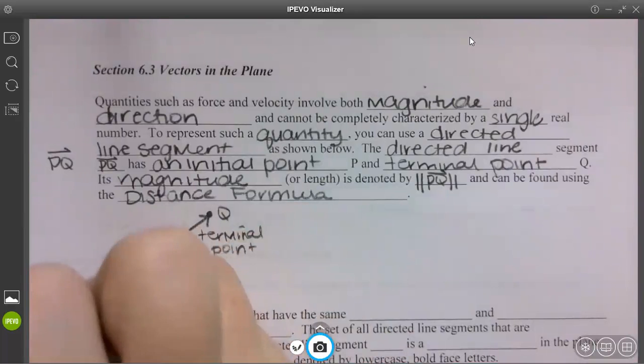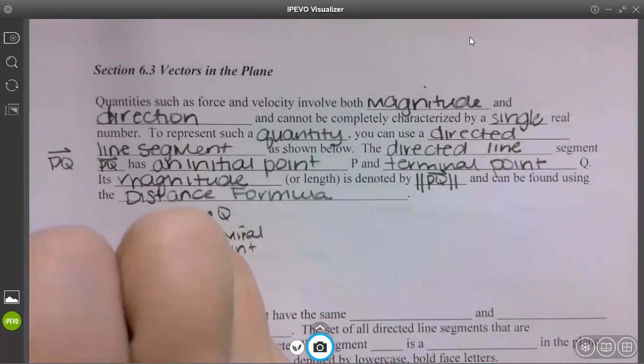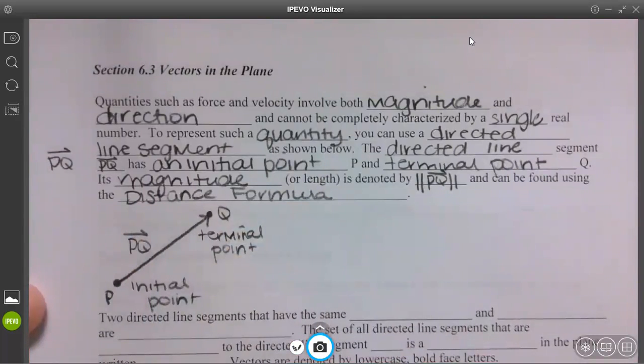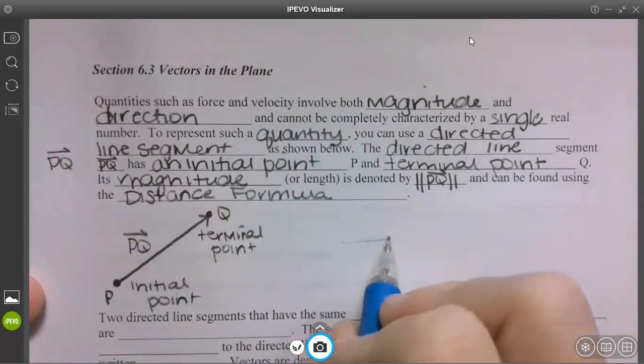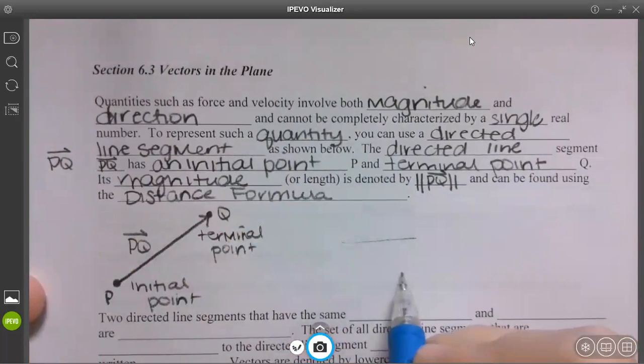And this line is called PQ, and like I said, with the symbol on the top, so a directed line segment. I'm going to draw a little helping line for myself so I can show you the next things that we have.